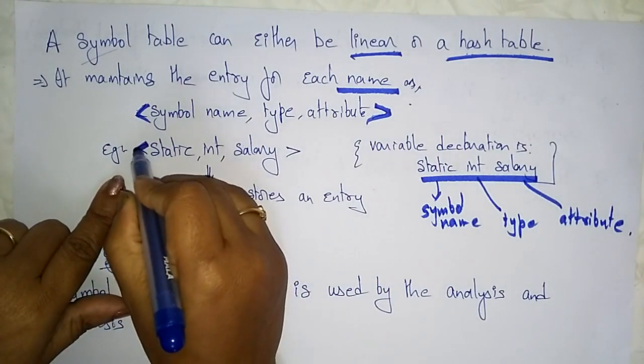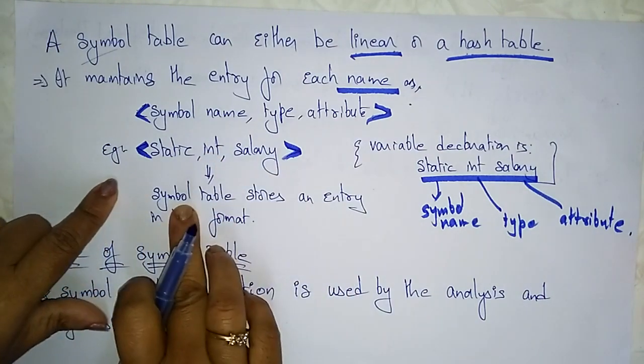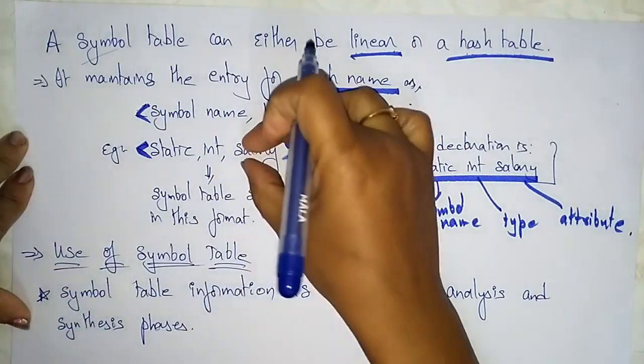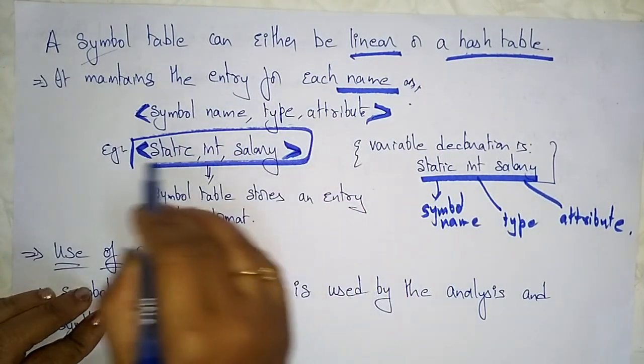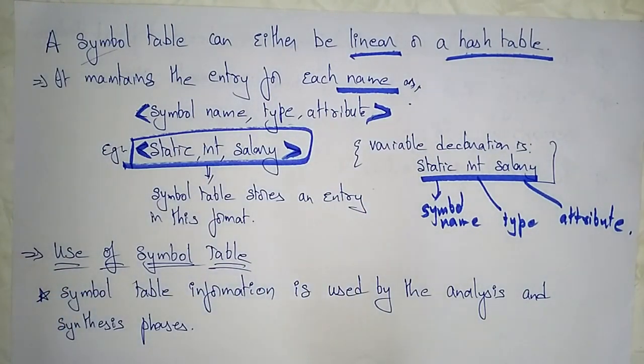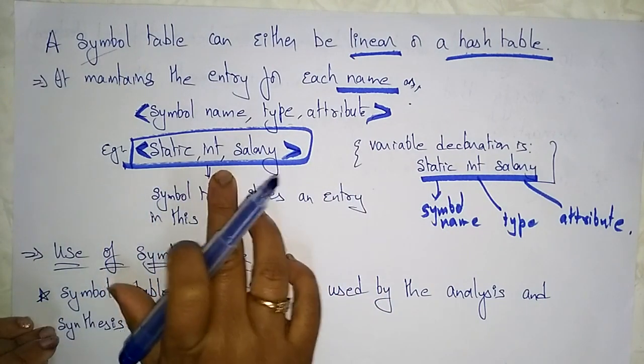So it is stored in the form static int salary. The symbol table stores an entry in this format. So remember this format. Whenever the compiler inserts any value in the symbol table, it stores the information like this: symbol name, type, and attribute.